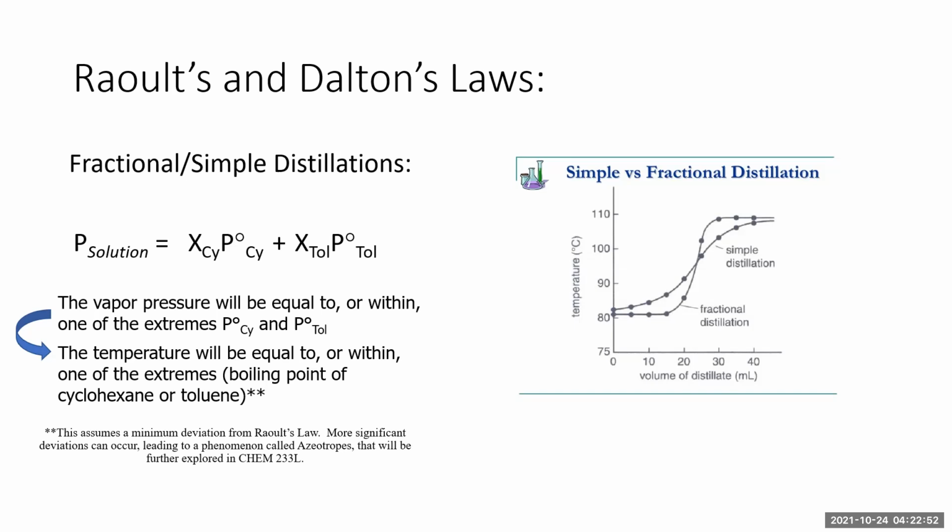So the vapor pressure of the mixture will be in between the expected vapor pressure of the two components if they're pure, and the boiling point will also be in between those two extremes, meaning the boiling point of cyclohexane on the low end and the boiling point of toluene on the high end. So this is a graph that shows us temperature on the y-axis and volume of distillate.